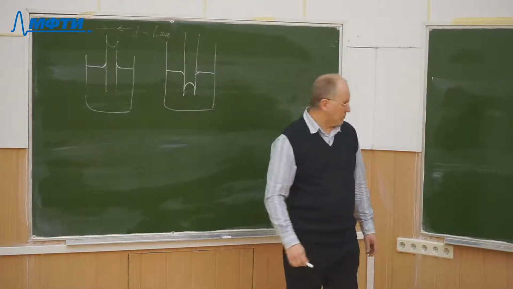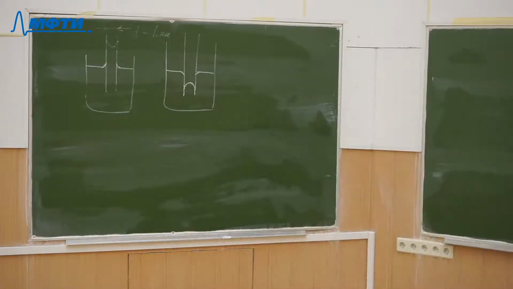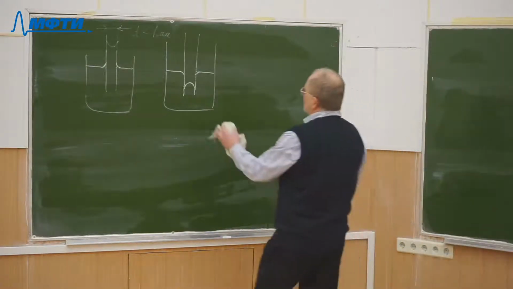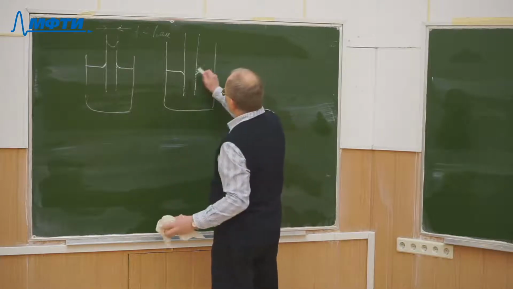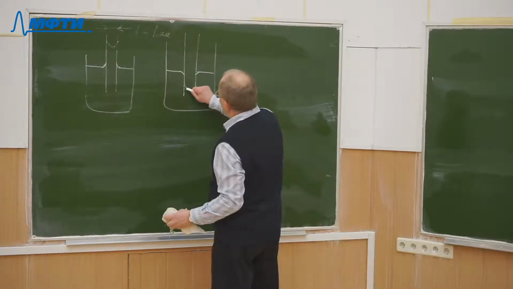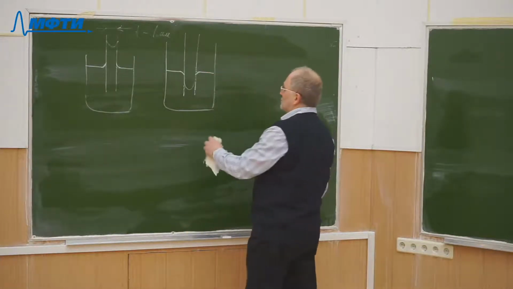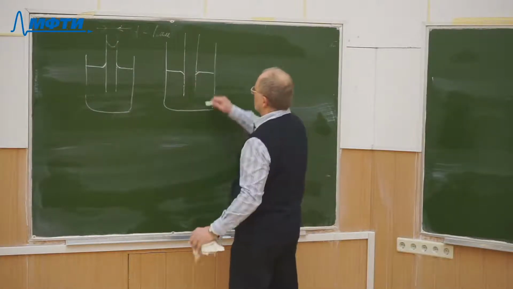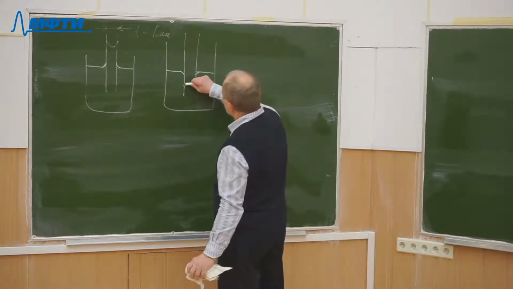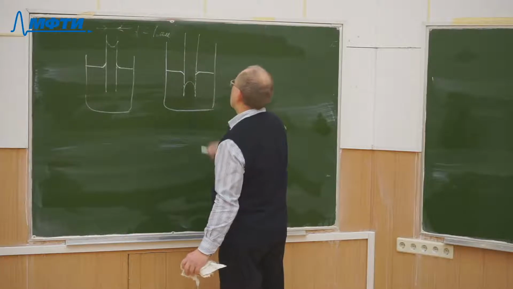Originally, during the last lecture, I drew this surface in a different way, but this was a mistake, certainly. The actual surface of mercury will be like this.